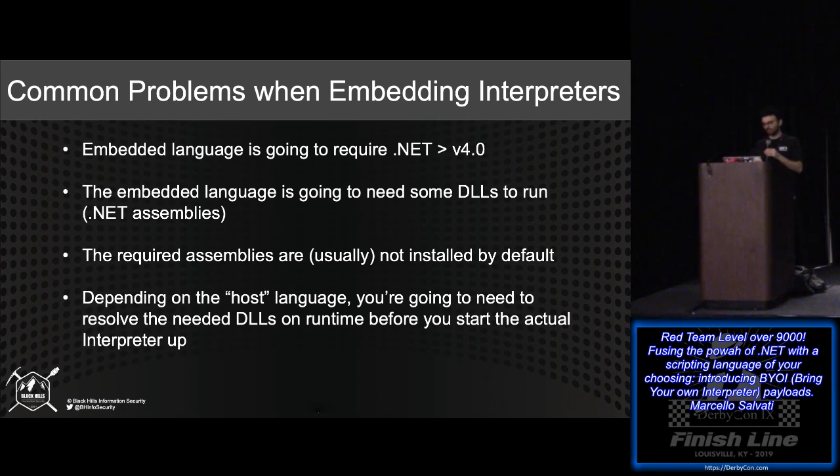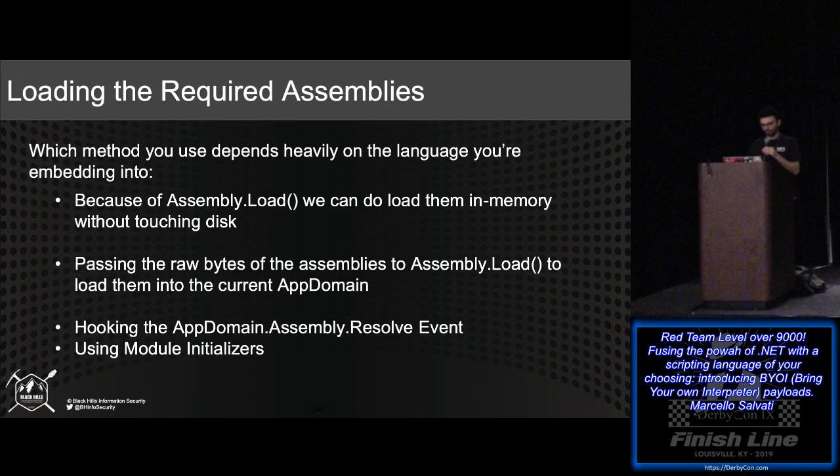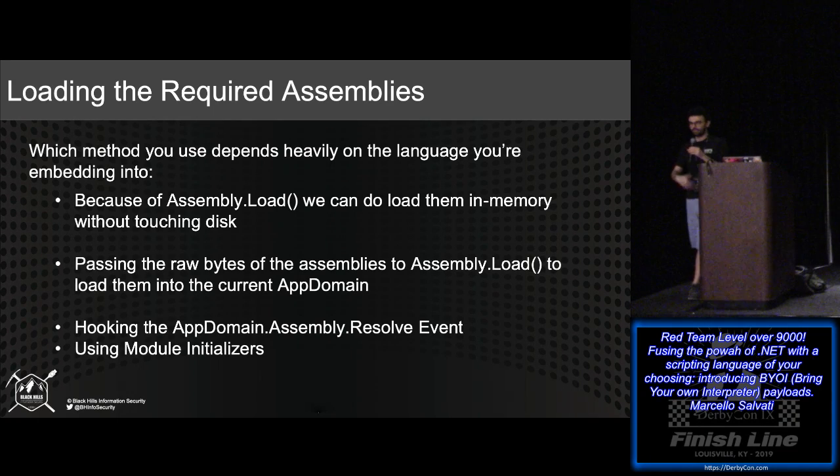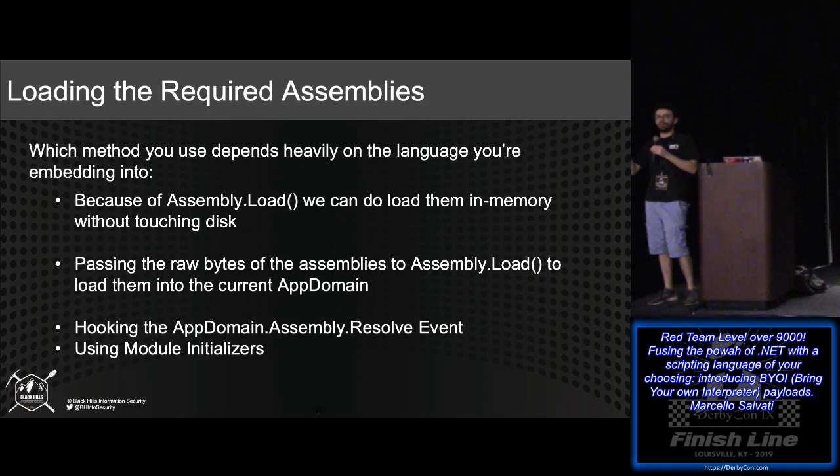I'm not going to go real deep into this because I don't want to bore you with just .NET development. But the main way of doing it, if you're in PowerShell, is just calling Assembly.Load. That's because PowerShell can interact with the .NET framework. You can do the same thing as C# does and vice versa. If you're in C#, you're going to want to hook the AppDomain AssemblyResolve event, because this event basically allows C# to know where to go get these assemblies.